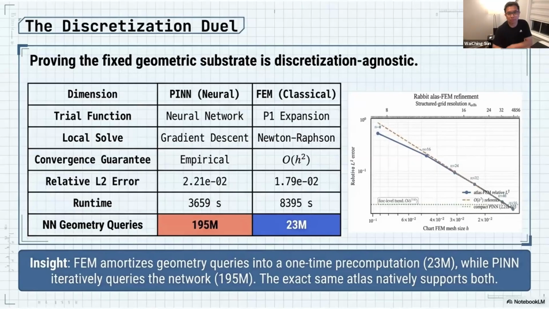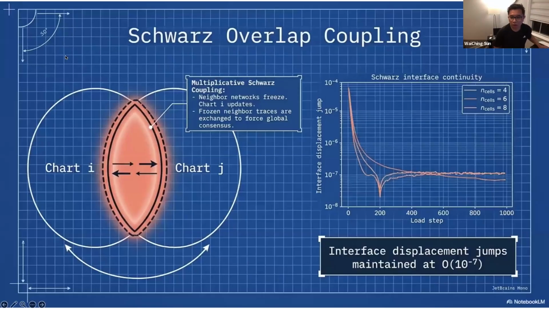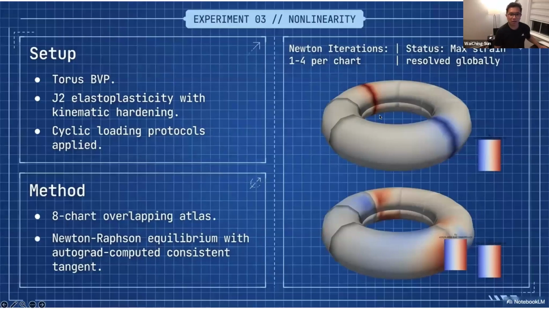But overall, you can see that this is working, and the coercive chart communications also provide an opportunity for domain decoupling.